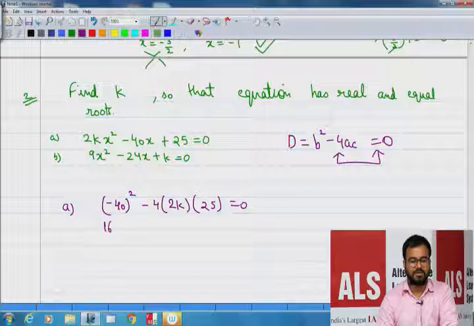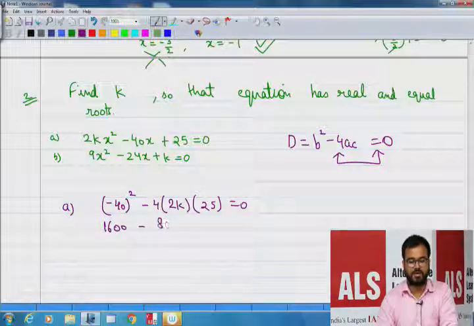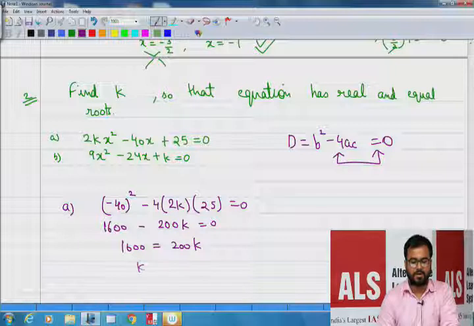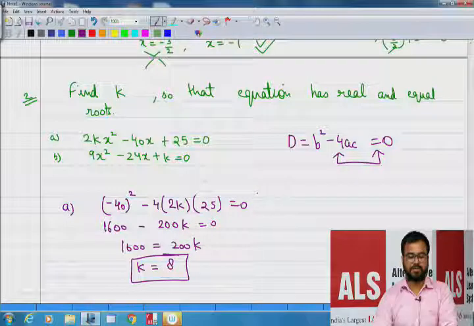So that is 1600 minus 800, that is 200K. So 1600 is equal to 200K and K is equal to 8. That is the value for the first one.